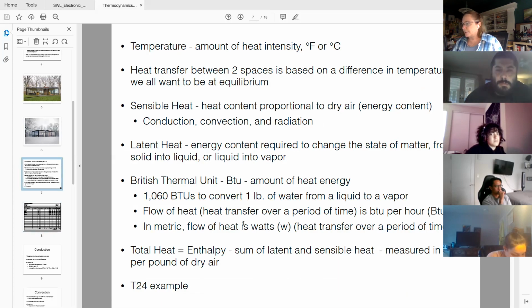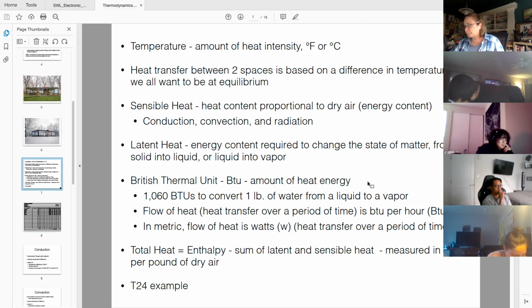That's the starting point. Okay, so we've got sensible heat, latent heat. How do we measure that? We measure that in British thermal units, BTUs.